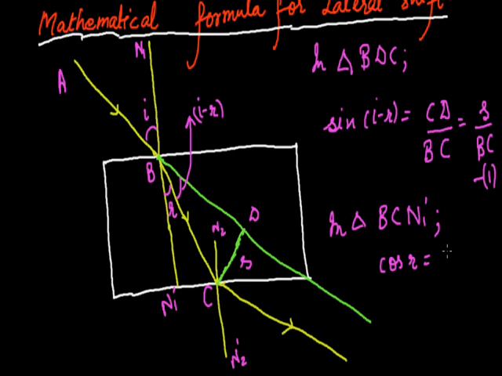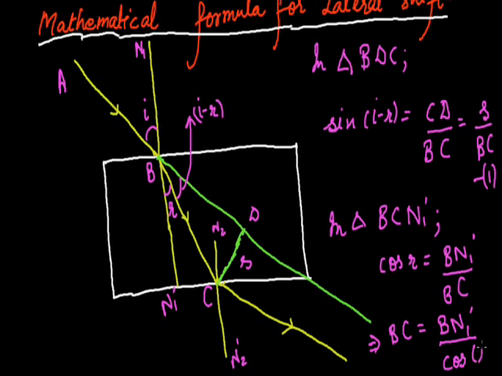Then we can write it as BN1 dash upon BC. Or we can get the value of BC by rearranging the above equation, and it should be equivalent to BN1 dash upon cos of R. Let this be equation 2.